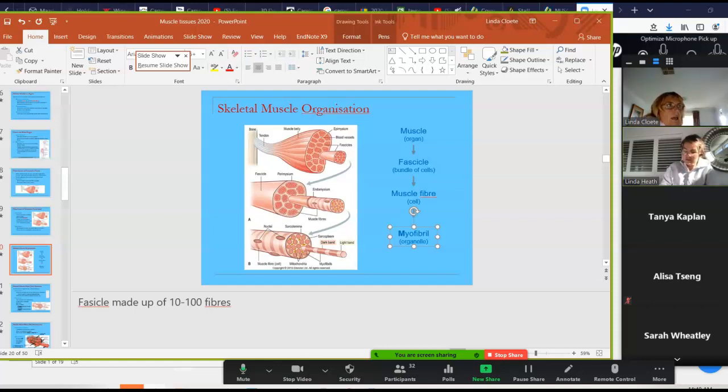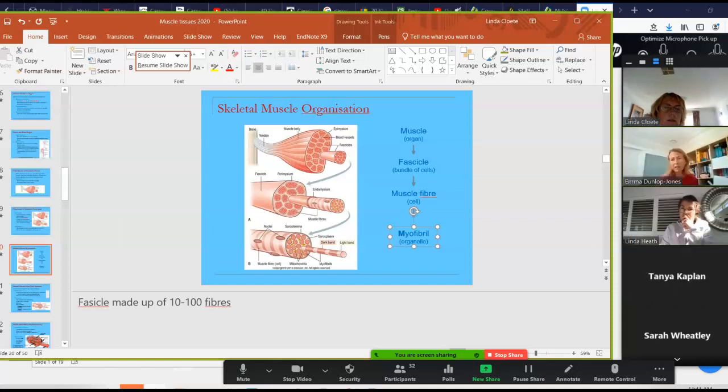If you're looking at cardiac and smooth, it's normally more central, but on skeletal muscle, definitely on the edges. Is it only the skeletal that are multinucleated? Yes, because the cardiac and the smooth are single nuclear.